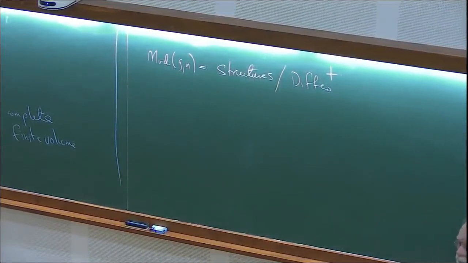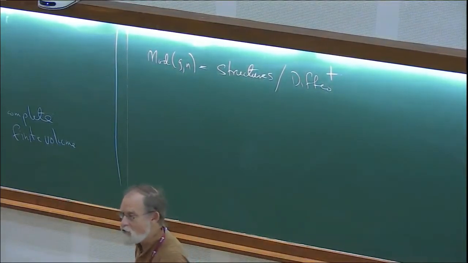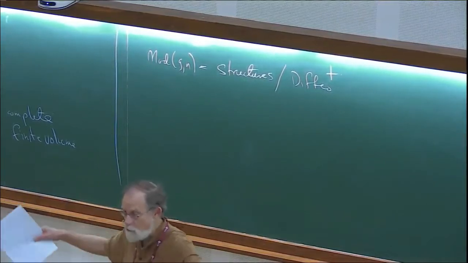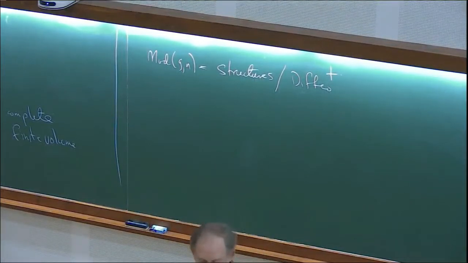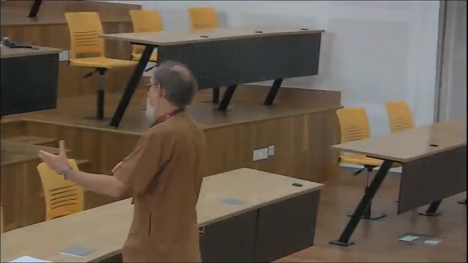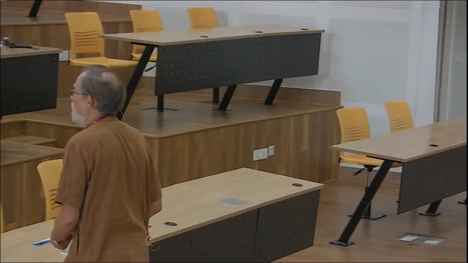So you could pick your favorite type of structure and think of all possible structures of that type, and then quotient out by these actions. So the idea is that for any type of structure you think about, there's a ridiculous number of them, because you can take your structure, you can take a diffeomorphism, you can move the structure with the diffeomorphism, and you've got something new because you moved it. On the other hand, it's really the same. So it's very natural to quotient out by that action.